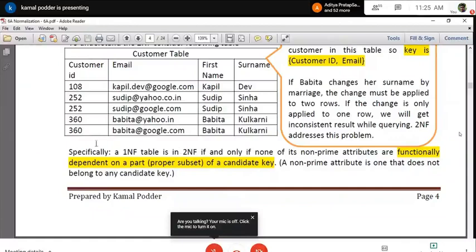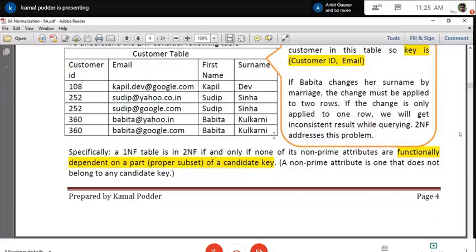So this is my key, and by the definition of a key, the other attributes should depend upon that particular key. But here, the name depends upon a subset, either this or this. That basically creates the problem here.